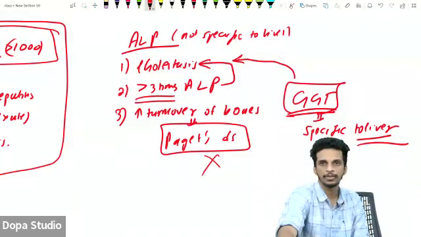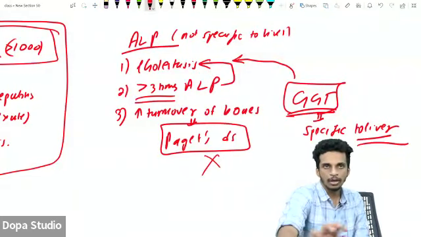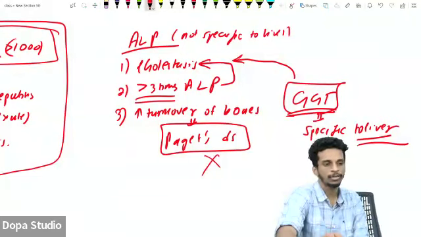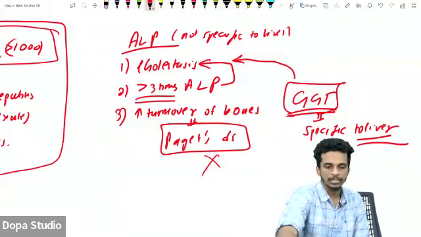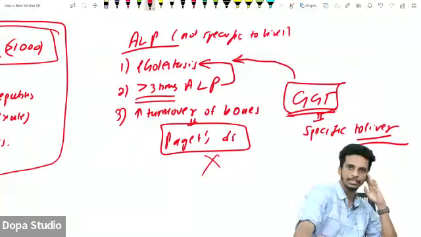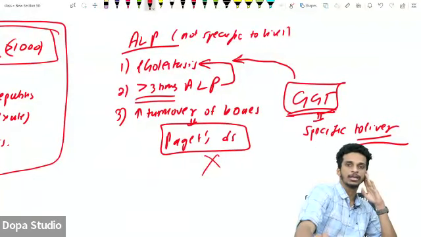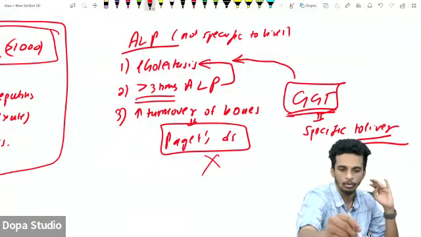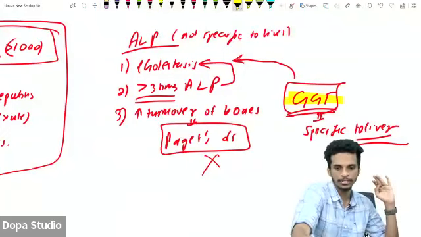So I hope the importance of cholestatic markers is clear. ALP is alkaline phosphatase, a marker of cholestasis, and other than liver, alkaline phosphatase can also come from bone, classically in Paget's disease. But to differentiate between a bone disease and liver disease, we can go for GGT, which is specific to liver. It's again a marker of cholestasis.